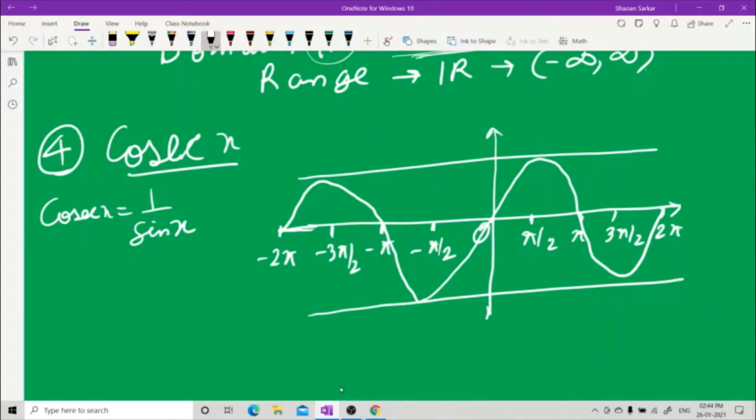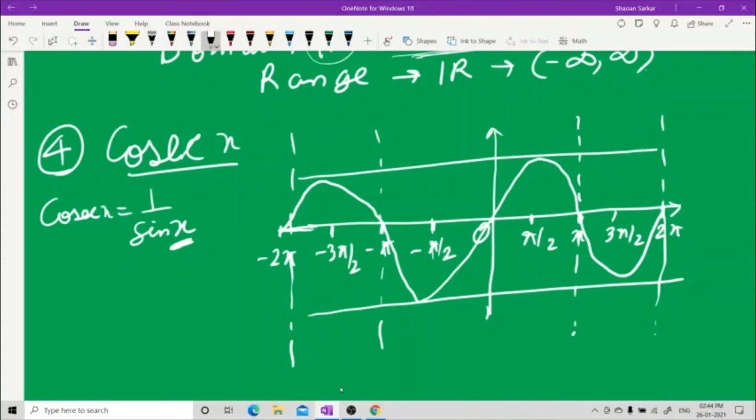Now, the point is how to draw this cosec graph. The problem is sine x will be 0 at 0, at pi, at 2 pi, at 3 pi, and so on. So, let us draw these lines at pi, minus pi and minus 2 pi, not at pi by 2.